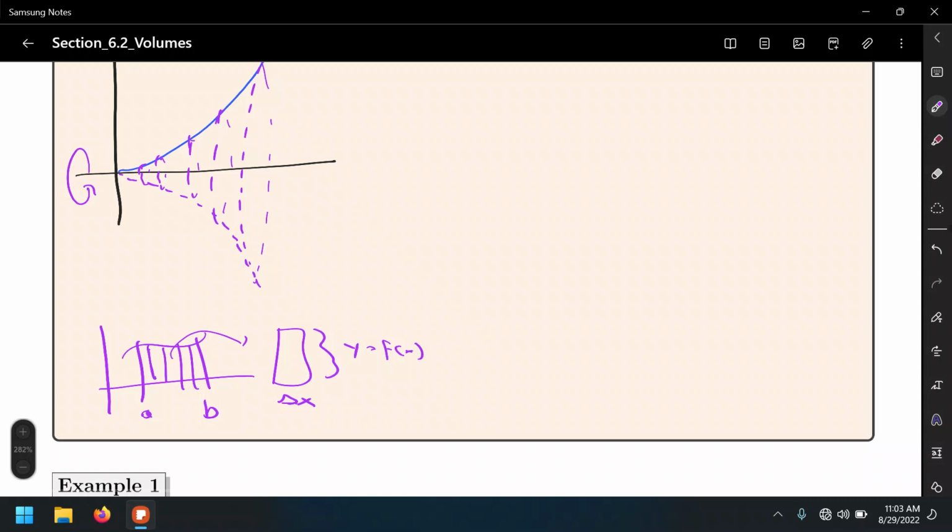Then we find the area of the first rectangle plus the area of the second rectangle plus the area of the third rectangle, etc. But recall that doing it that way was not going to give us the actual value of the area, just an approximation. So we make that delta x as tiny as possible, so we can have infinitely many of those rectangles and get the exact area under the curve.